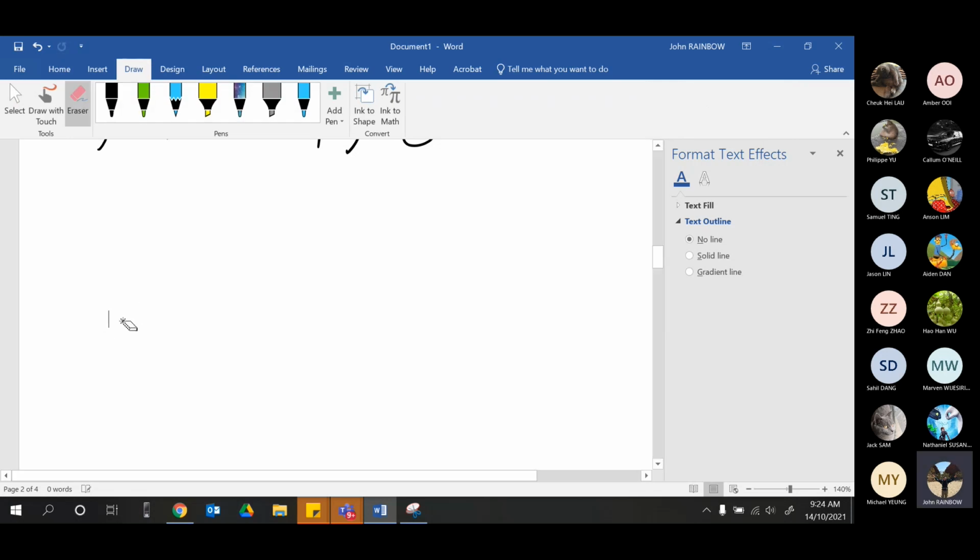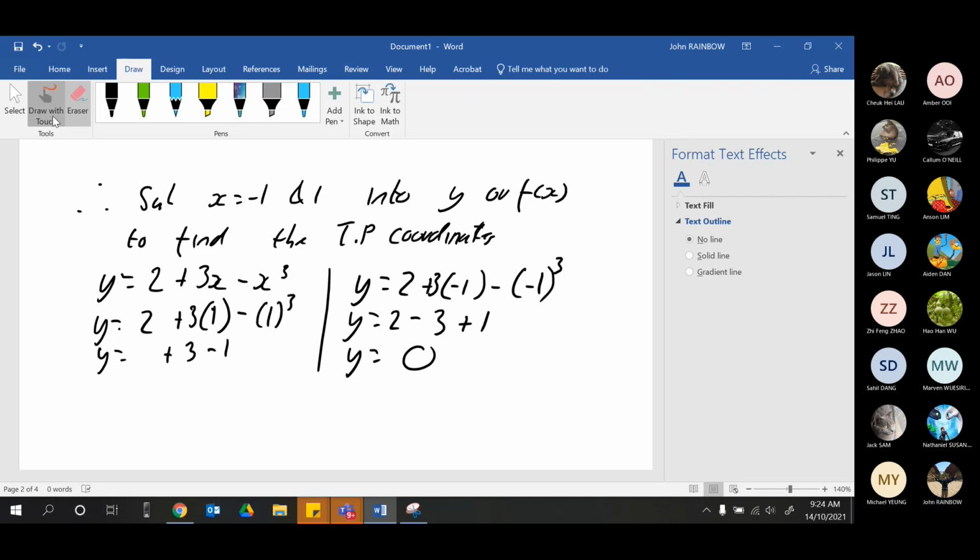So what we found is when I substituted in 1, because I knew it had a gradient of 0 at x equals 1, I know the turning point is at 1 when the gradient is 0 for x, and I substitute it back into the original equation, I know what happens at 1, 4.